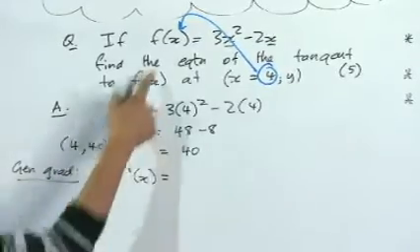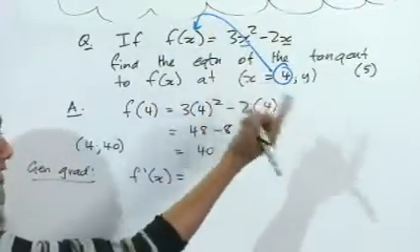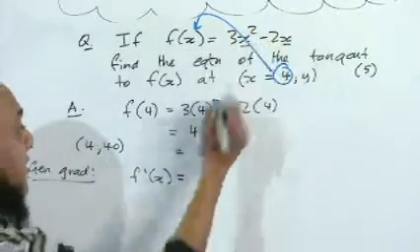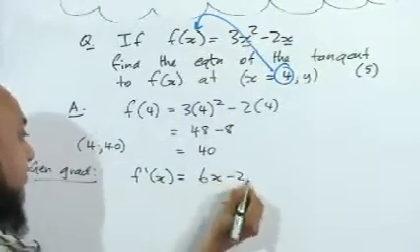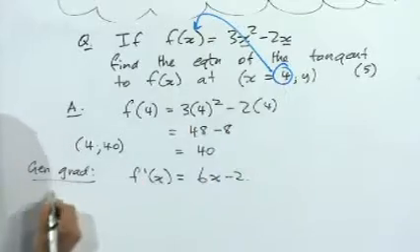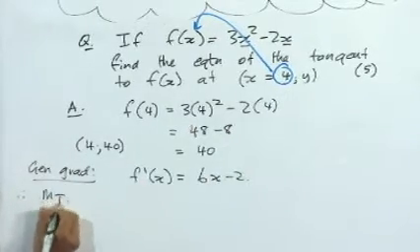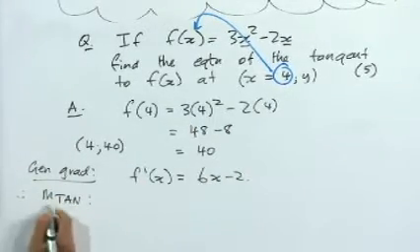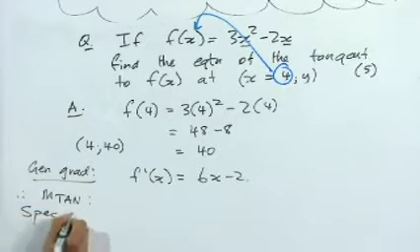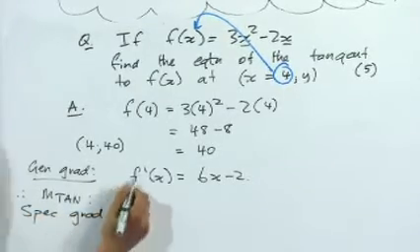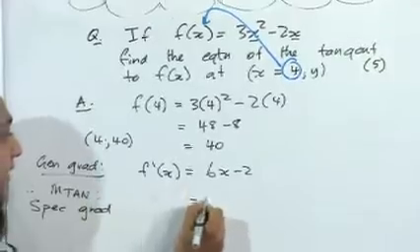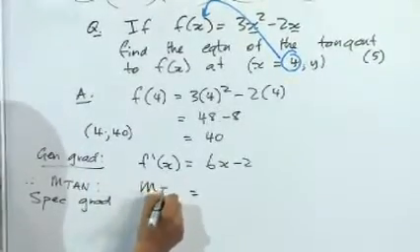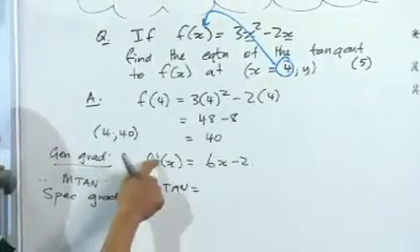So the general gradient on f of x is 2 times 3, 6x minus 2. Therefore, the m of your tangent, your specific gradient, we can write as the m of the tangent, or f dash 4.